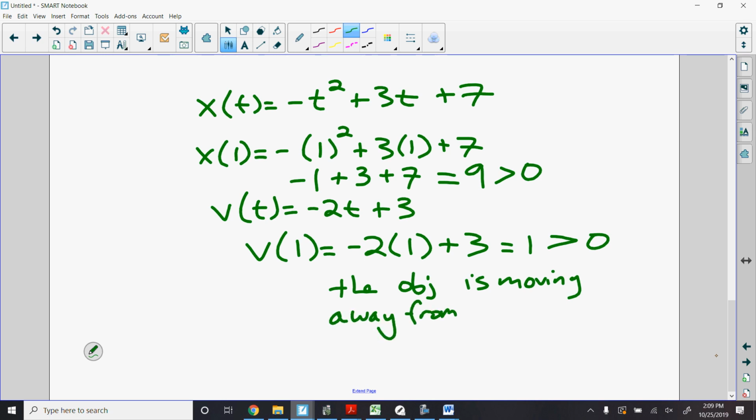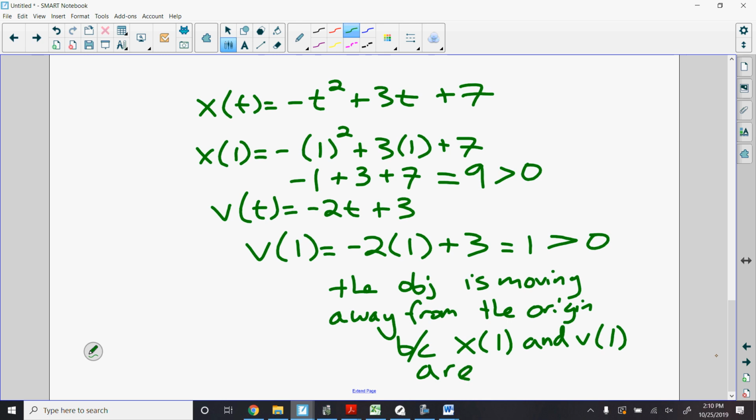Now to justify, I'm going to say because x of 1 and v of 1 are the same sign.